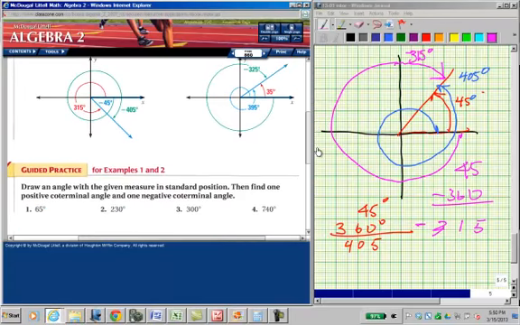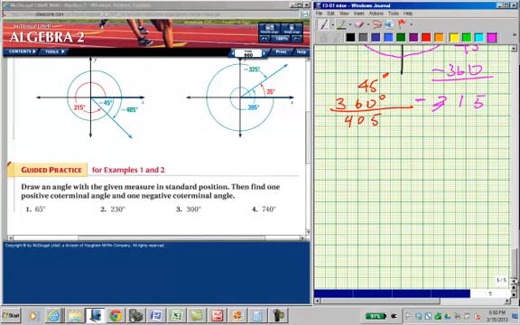All right, now we got some practice here. We're going to draw a positive coterminal and a negative coterminal angle. So 65 degrees. That'll be about here. Initial side, terminal side.